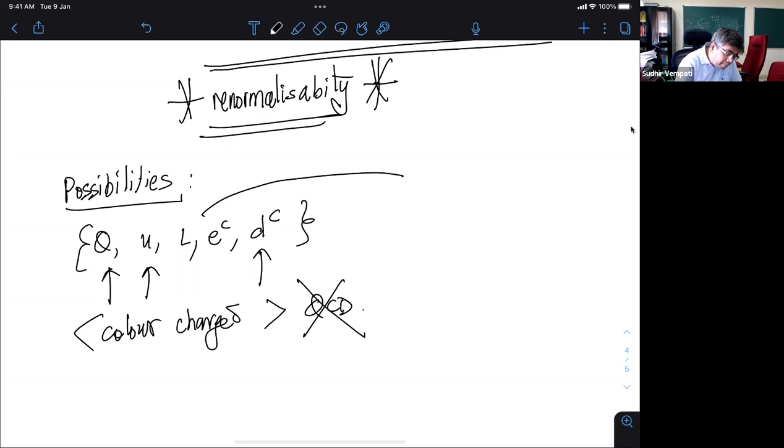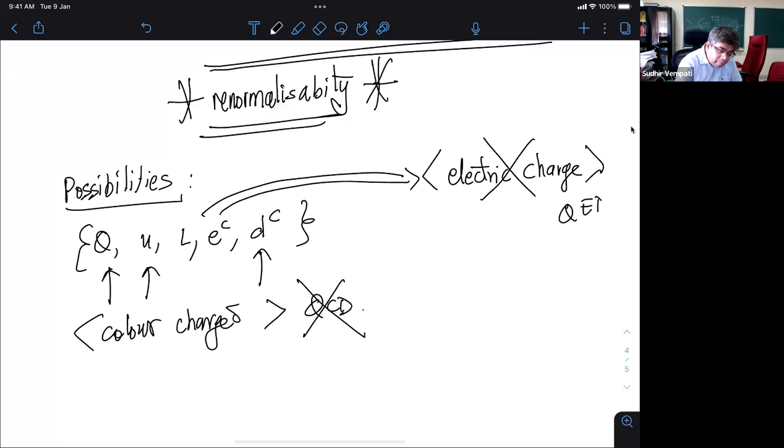L and DC have electric charge. So if you break it, you're breaking QED, which you don't want. You want to conserve these two symmetries because QED and QCD are unbroken in nature, and you don't want to break them.